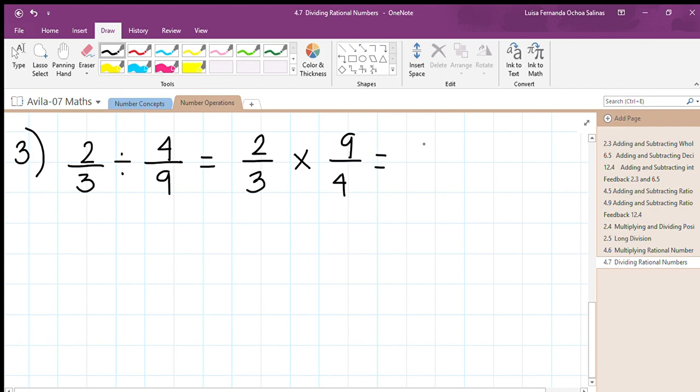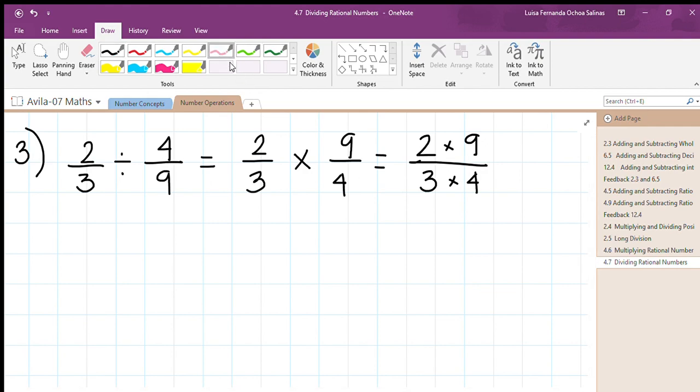It's going to be equal to 2 times 9 over 3 times 4. Now, this 9 with this 3 I can cancel, divided by 3, this one becomes 3, divided by 3, this one becomes 1. And 2 and 4 I can cancel, so 2 divided by 2 is 1, 4 divided by 2 is 2.